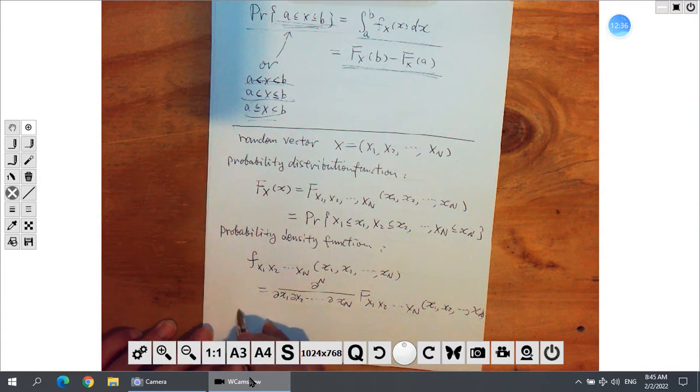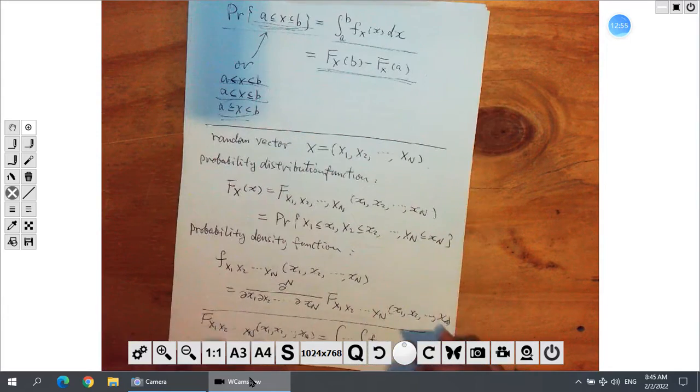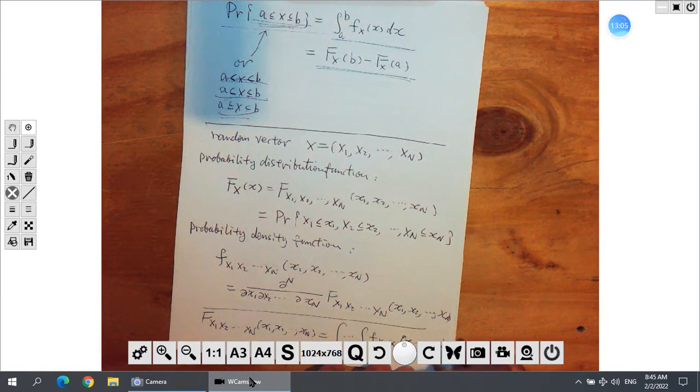And in the reverse direction, the distribution function F of x1 until xn equals the integral of the density function, with dx1 until dxn. Here the integral is from negative to positive infinity for all of these variables.